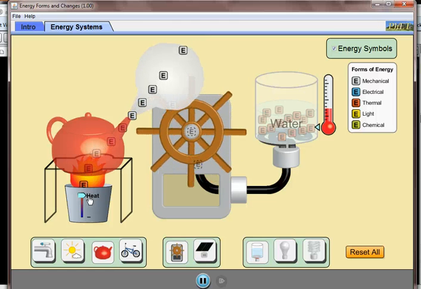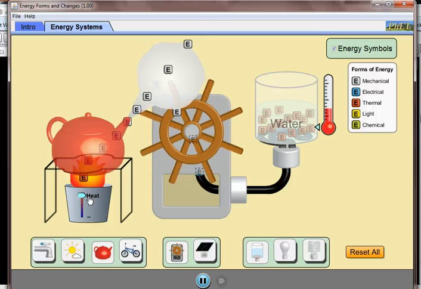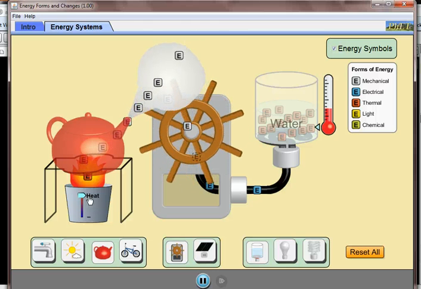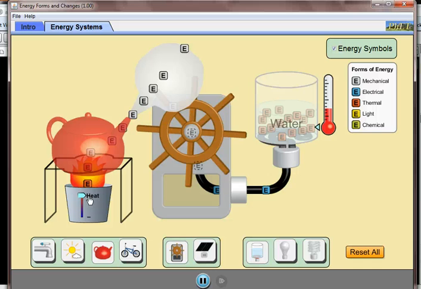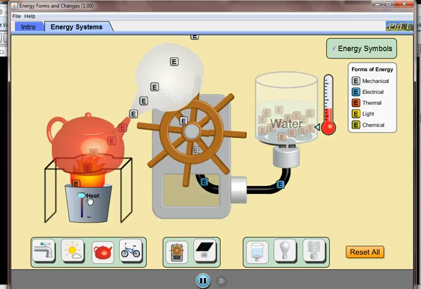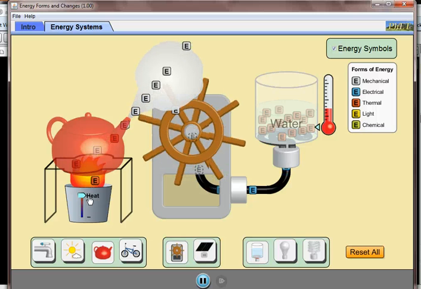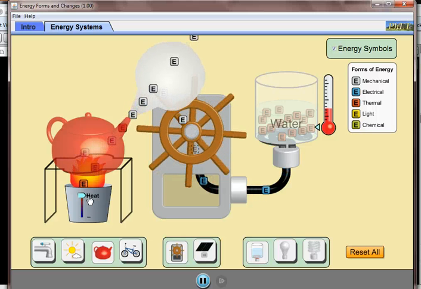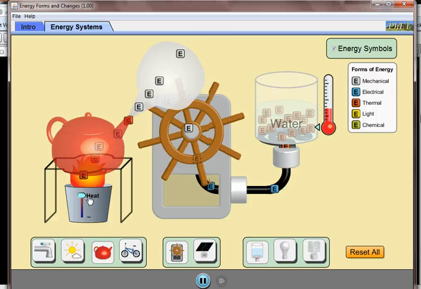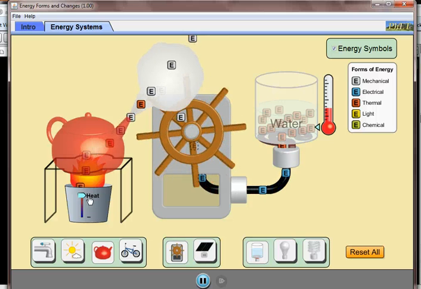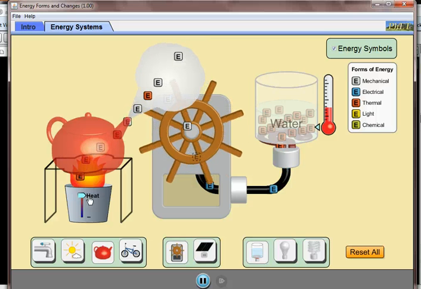Now let's wait for a while. You should be able to see that it increases the temperature of the water a little bit. It will probably take a longer time here.